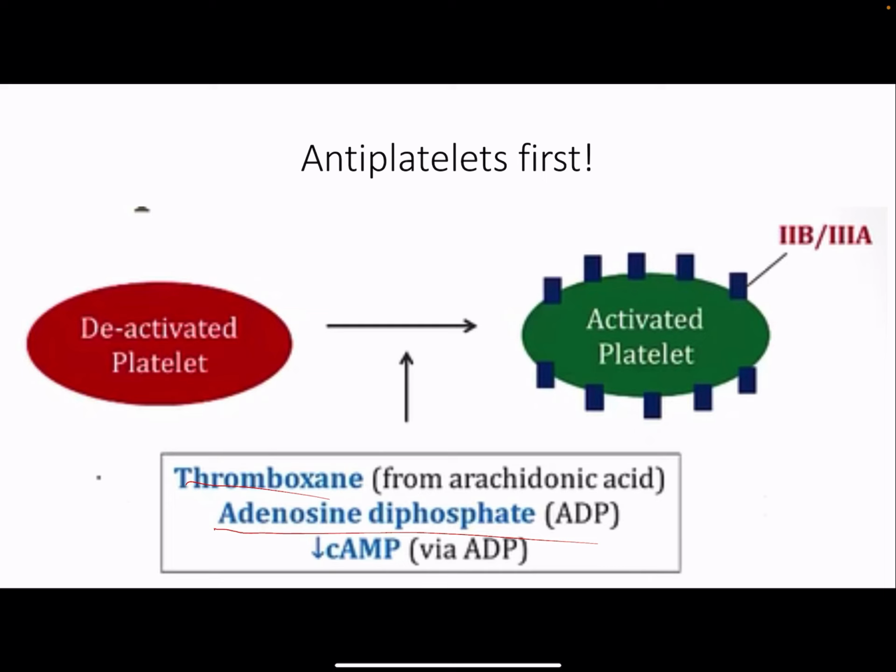ADP will bind to a P2Y receptor, which can cause inside-out signaling, which is going to cause granule secretion and can lower cAMP levels, which is going to also facilitate activation of the GP2b/3a, the GP2 and GP3 receptors, which are going to cause aggregation of platelets.